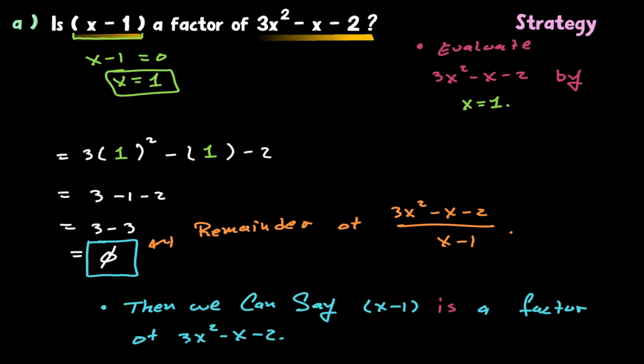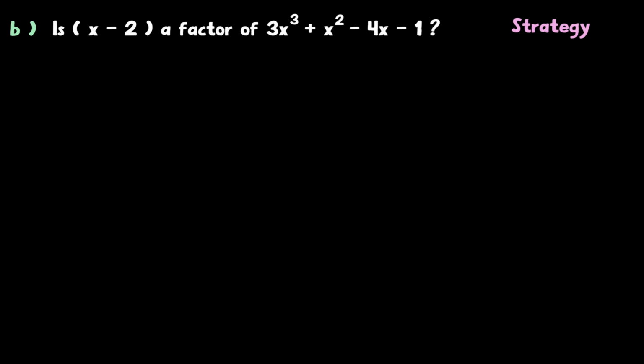Let's take a look at example B. So here we have the same type of question. Is x minus 2 a factor of this whole expression? Well, we can do long division or synthetic division and look for the remainder.